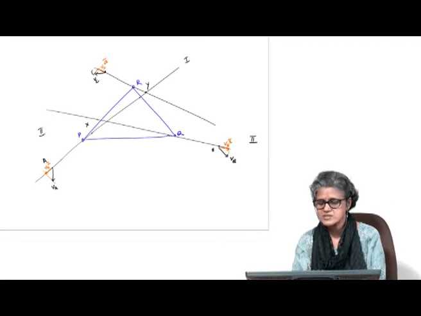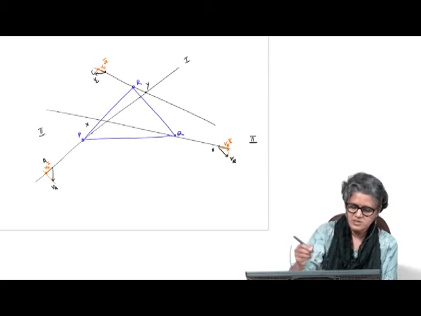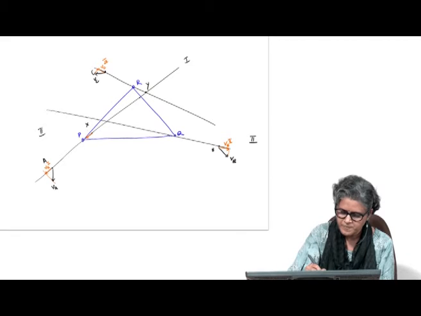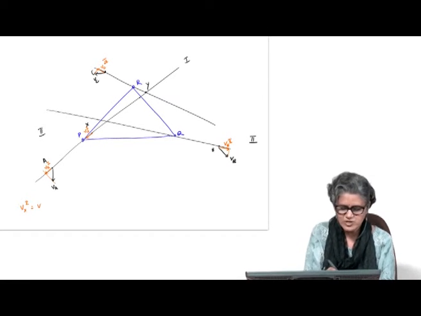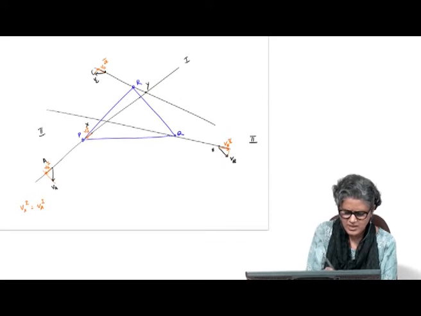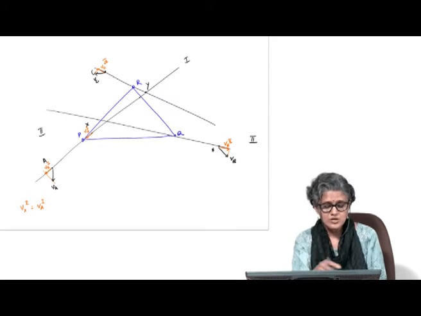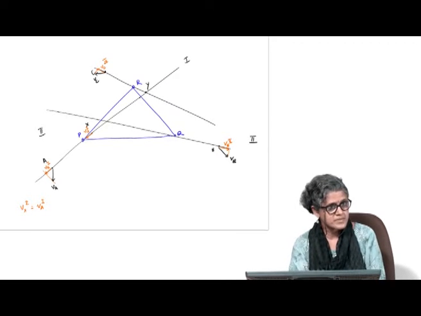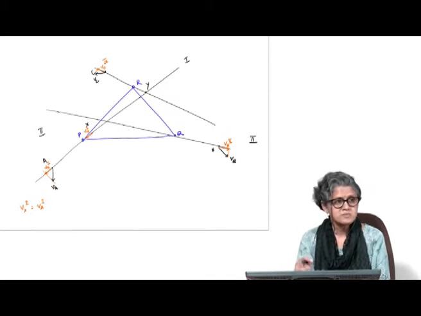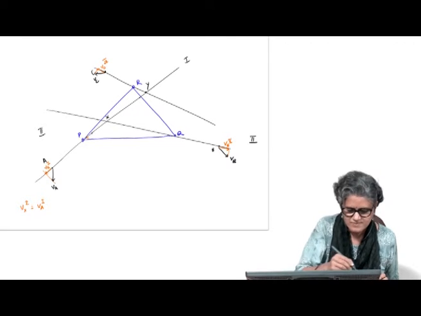I know the velocities in those directions. So now if I move this to this point x, the velocity of x along 1 equals VA along 1, the auxiliary line 1.